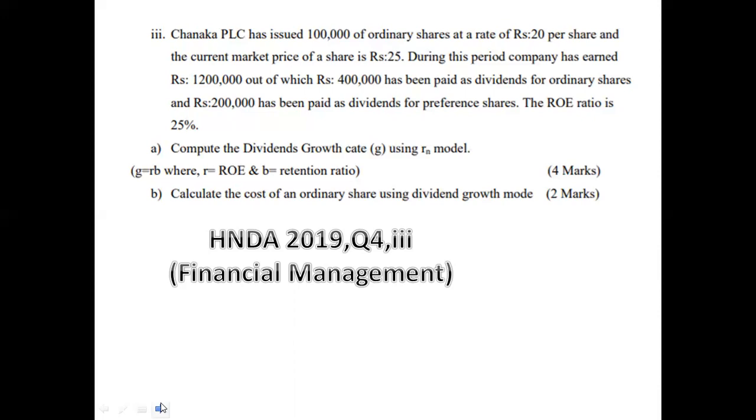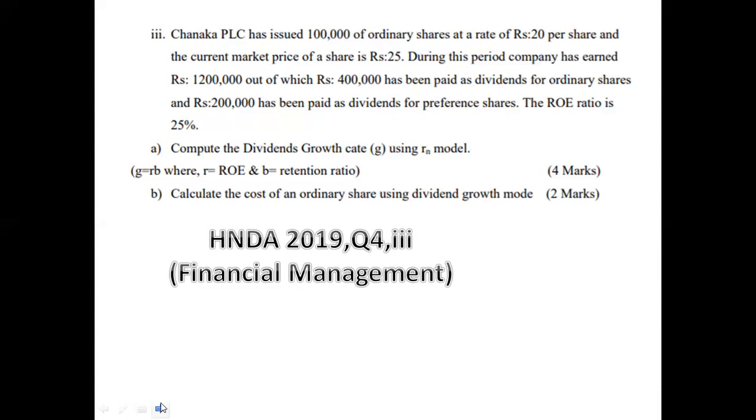In the paper you are supported with certain equations also: G equals RB, where R equals ROE and B equals retention ratio. Then in part B, you are required to calculate the cost of an ordinary share using the dividend growth model.